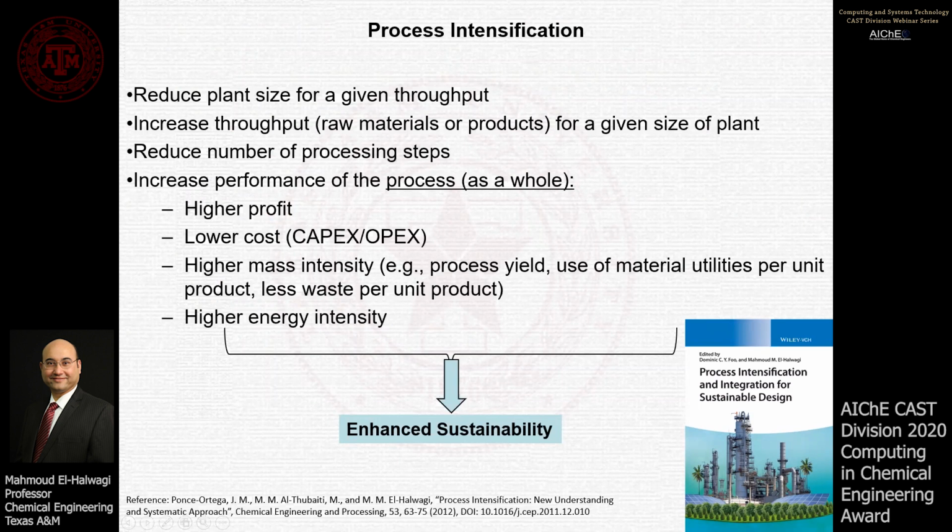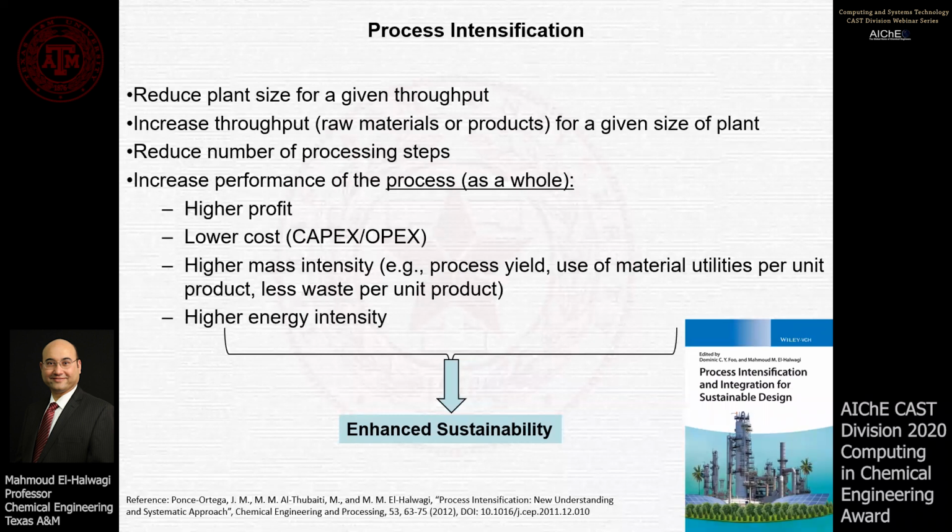So as described in the work of my former student, Dr. Musaad Al-Thubaiti, and with Dr. Jose Maria Ponce Ortega, there are three primary manifestations of intensification: to reduce the size of the plant for a given throughput, or increase the throughput for a given plant size, or to enhance the process performance as a whole, including enhancing profit, enhancing mass intensity, enhancing energy intensity, and so on.